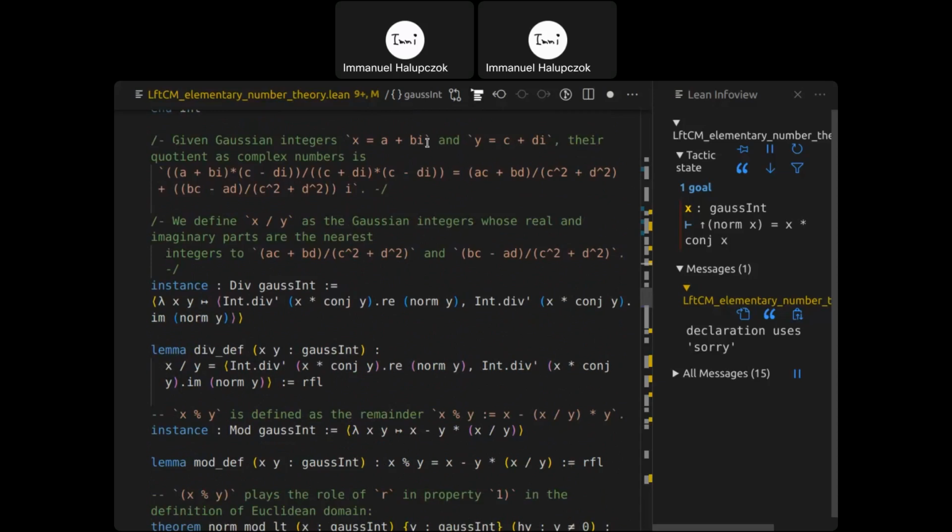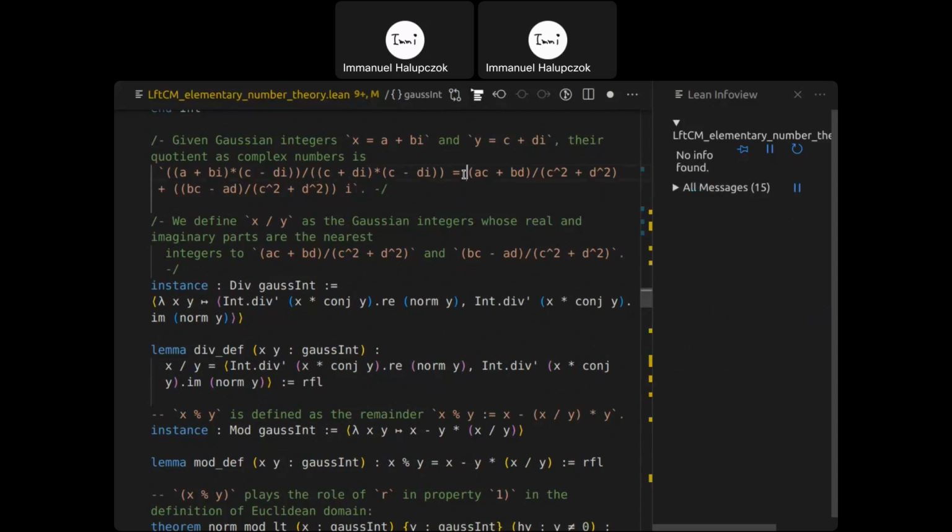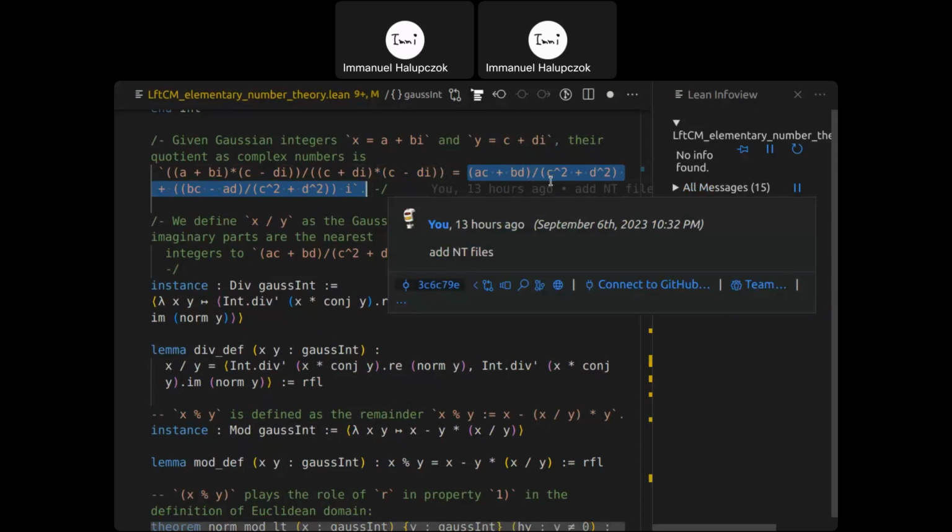So if I want to do x over y, I can multiply both the numerator and the denominator by the conjugate of the denominator, and then this is the formula that I get. The problem, of course, is that in general this is not going to be in the Gaussian integers anymore, right?